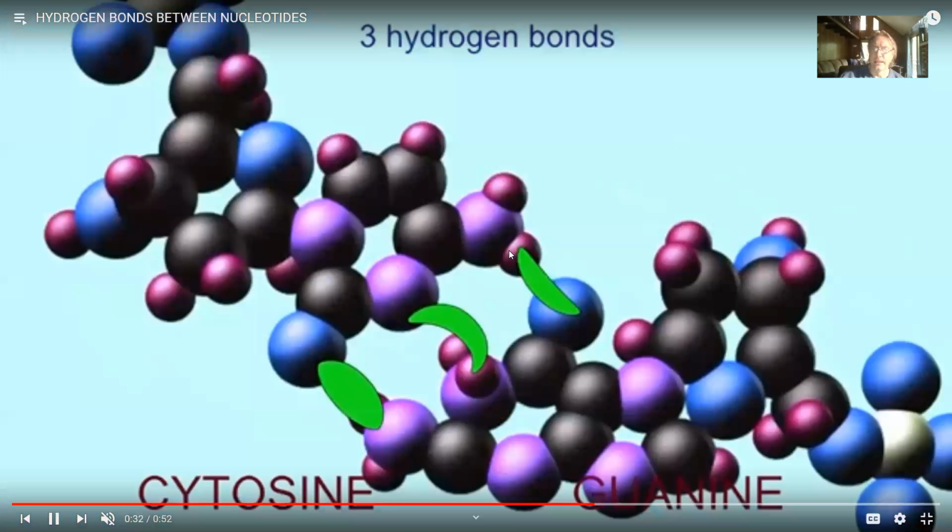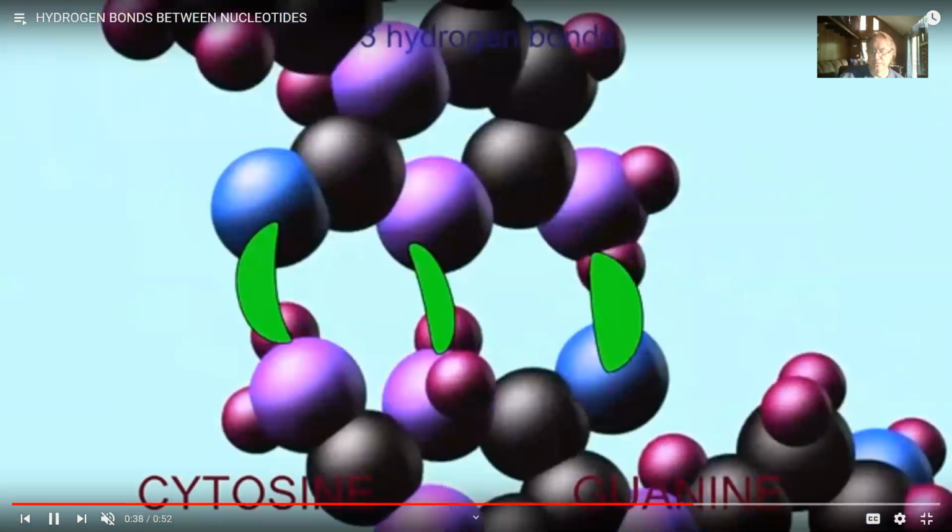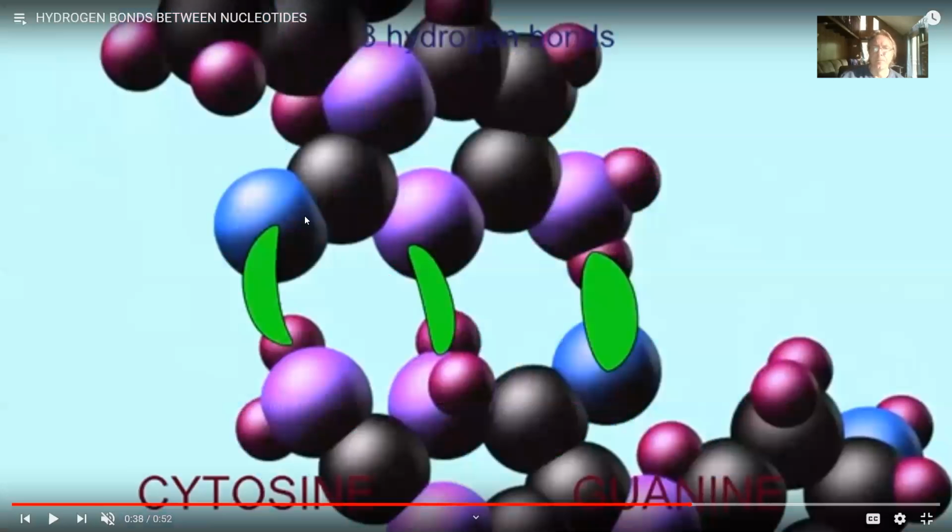When they align, there are 3 areas where hydrogen bonds form, which, once again, going back to chemistry, are the attraction between the oxygens, which have a partial negative charge, oxygen being very good at attracting other electrons.